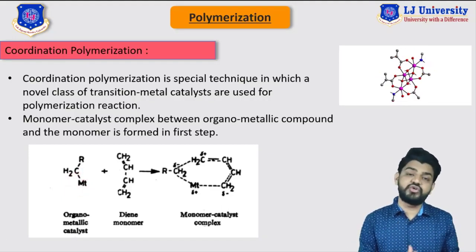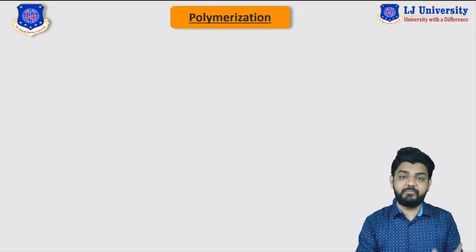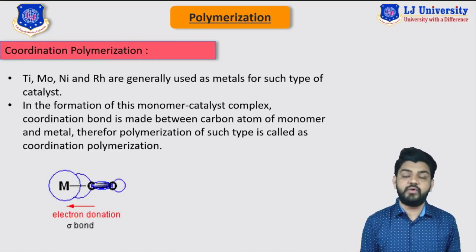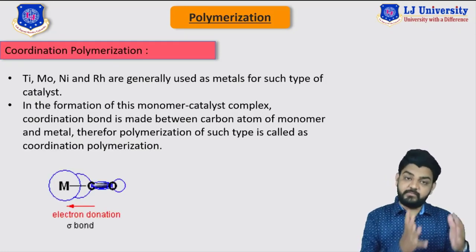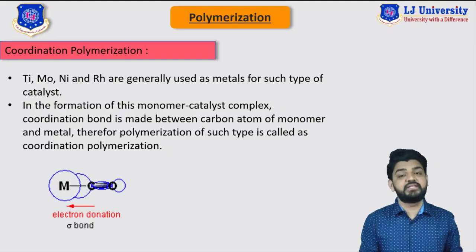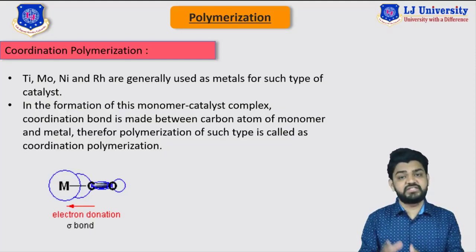Sometimes we also use aluminum as the metal. These are the different metals used to manufacture such catalysts. The formation of the monomer-catalyst complex that we have already discussed is in the form of a coordination bond.